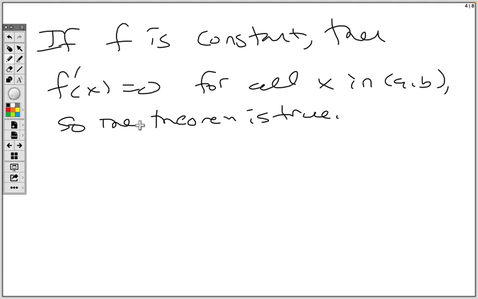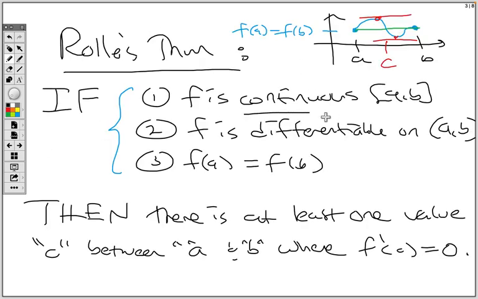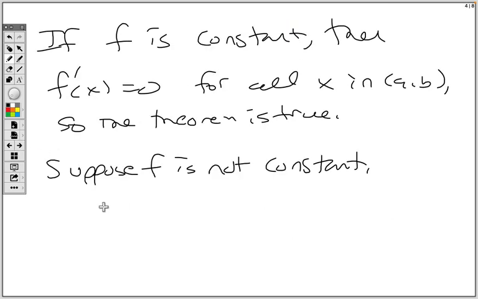So the real meat of this comes in assuming f is not constant. So let's suppose f is not constant. Time to invoke the extreme value theorem. We're assuming f is continuous on the closed bounded interval [a,b].